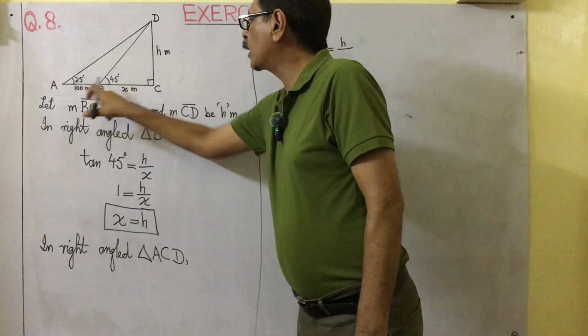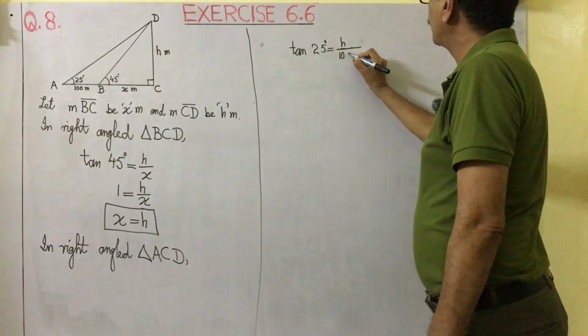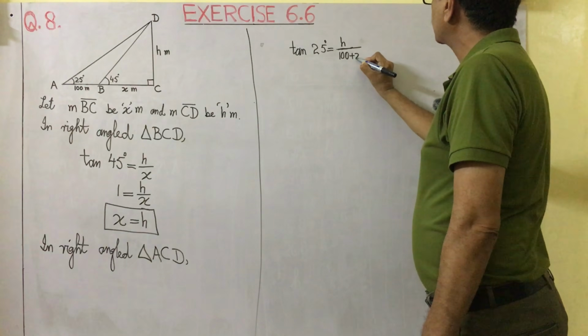AC is equal to 100 plus x. Base is 100 plus x.